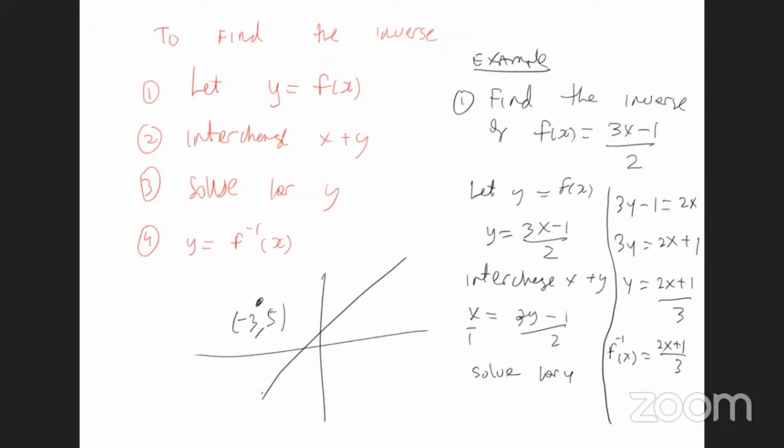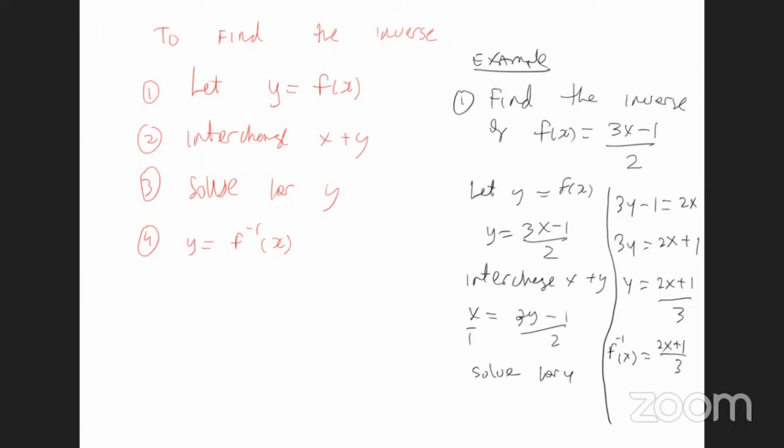It's (5, -3), right? Switch the x and the y. So reflect in the line y = x, switch the x and y values. Okay, so that's the theory behind it. We'll do some past papers just now on this.